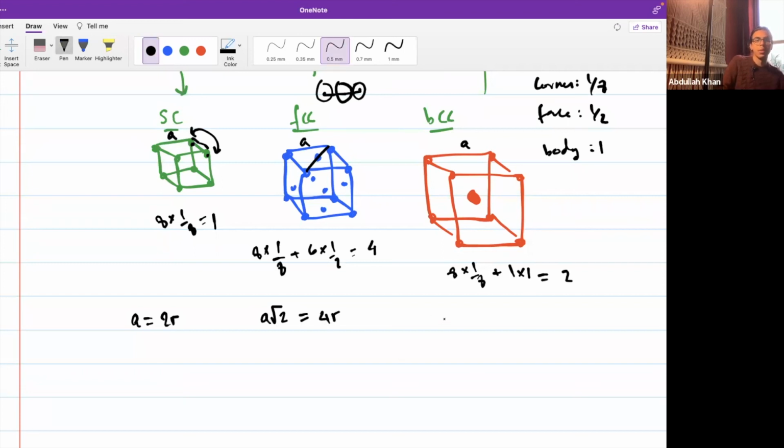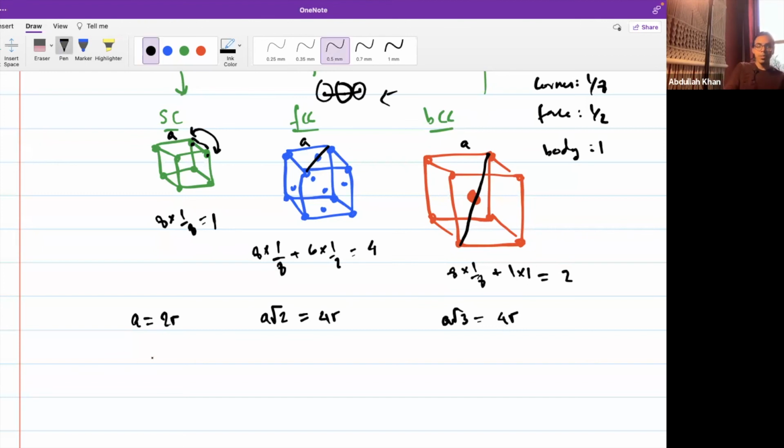That's the relationship there. And in BCC, atoms touch along the body diagonal. Body diagonal is a 3D thing. So that's A square root of 3. Once again, 3 atoms are touching each other, so it's the same story as here, 4R. That's how you figure out these relationships.